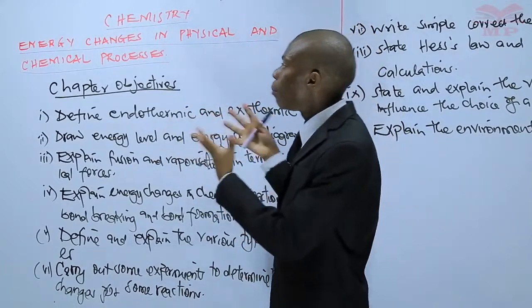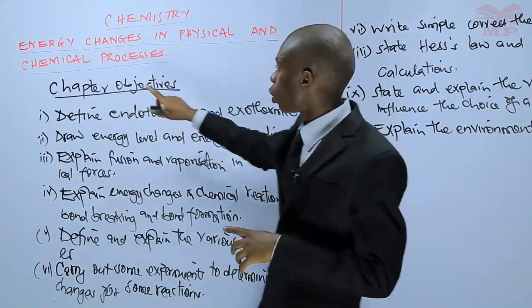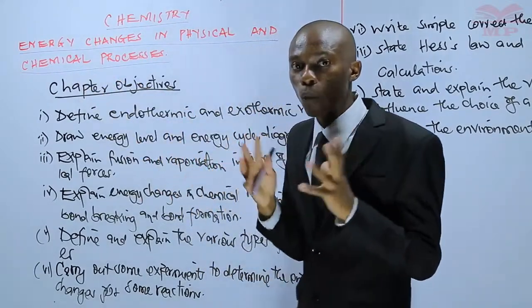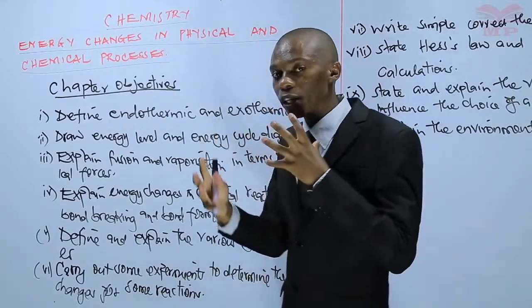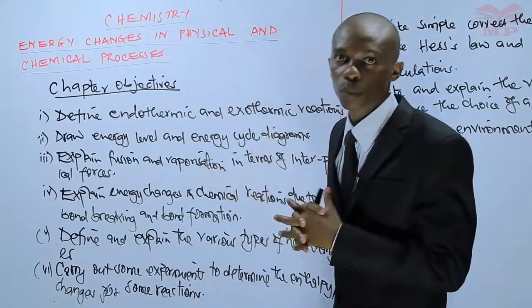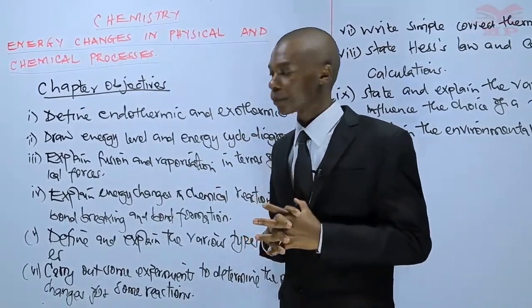Then in permanent changes, which are also called chemical processes, I gave you the example of copper 2 nitrate. They will be of great importance in this topic.